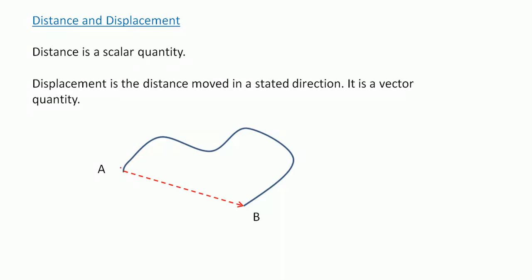Suppose we have a man, he starts at point A, and he is taking a walk through a park, and he goes along this path here. So he's walking, and he ends up at the point B. The total distance traveled by the man will be represented by this line here.